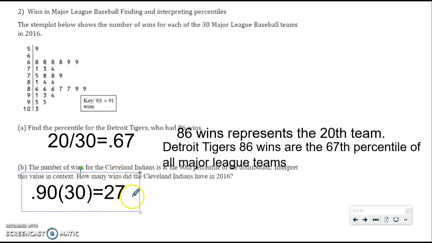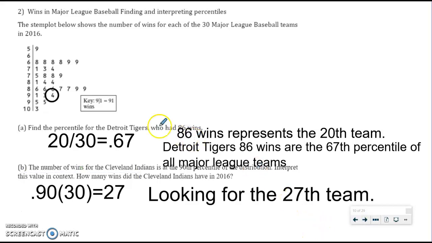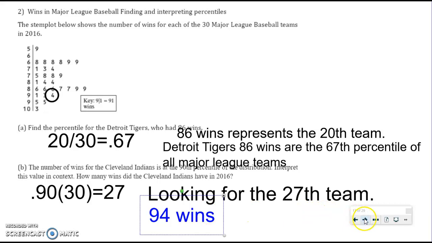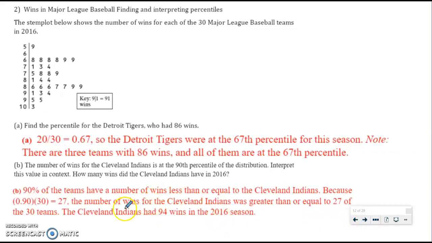So I'm looking for the 27th team in this list, or the stem plot. When I do that, I identify the 27th number to be approximately 94. So the Guardians were the 27th team, and the 27th team aligns with 94 wins. So the Indians had 94 wins in 2016.